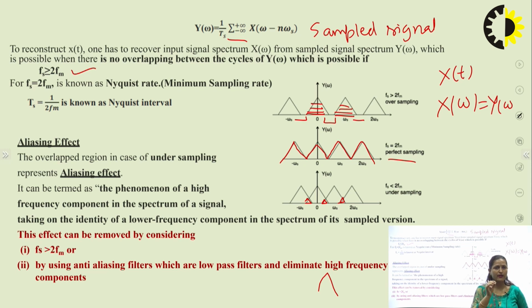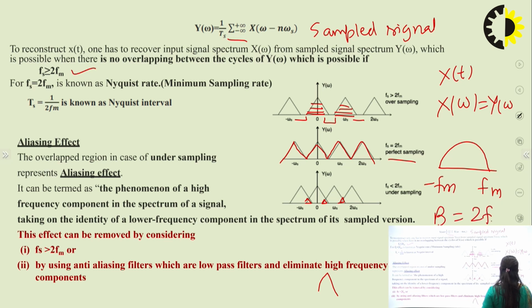What is fm? Twice of fm is basically the bandwidth, because your signal is band limited between minus fm and fm, so the bandwidth will be twice of fm. It means if you want to sample any signal, then the sampling frequency should be equal to or greater than the bandwidth of that signal.